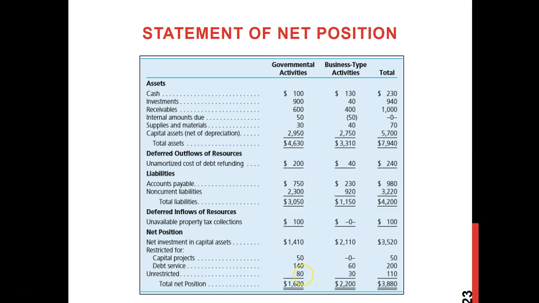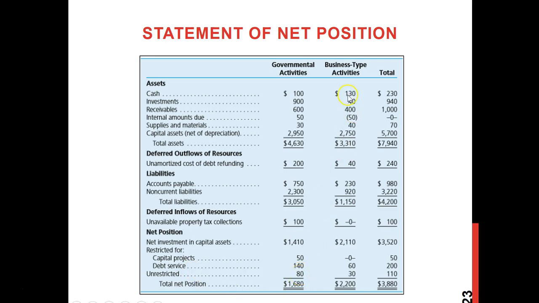Now, when they present this net amount, the net position, they will actually classify it. So one classification shows how much net position is in their capital assets, fixed assets. And then they will also classify the amounts, whether there are any restrictions. Those restrictions could be through some legal requirements or some external restrictions, or if they have any unrestricted funds.